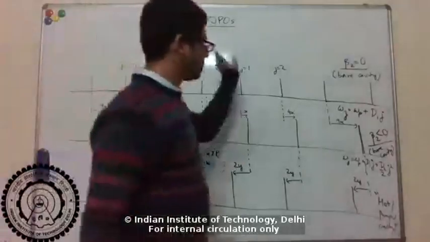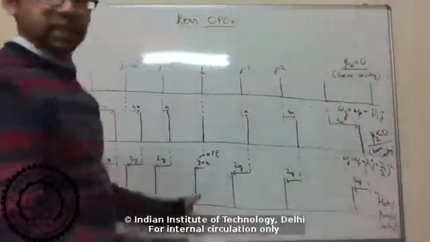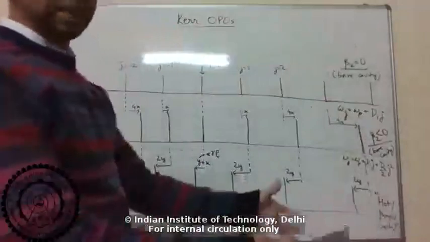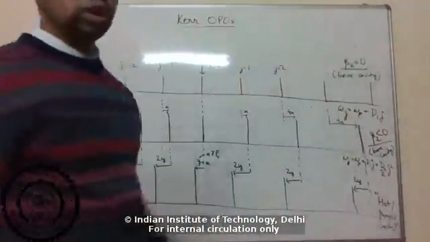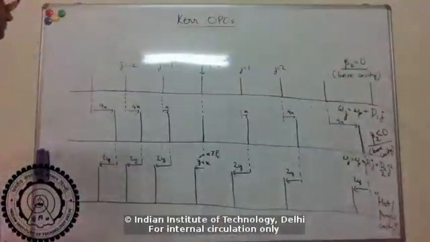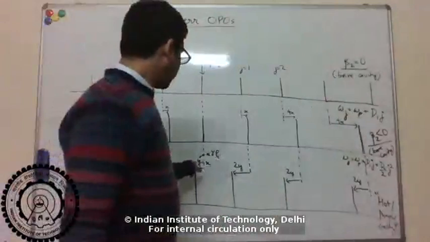So x depends on the dispersion parameter of the cavity, which is just the materials and the dimensions of the waveguide making the cavity. Whereas this y depends on the pump power, how much pump power we send in. So as we change the pump power, we can change y.